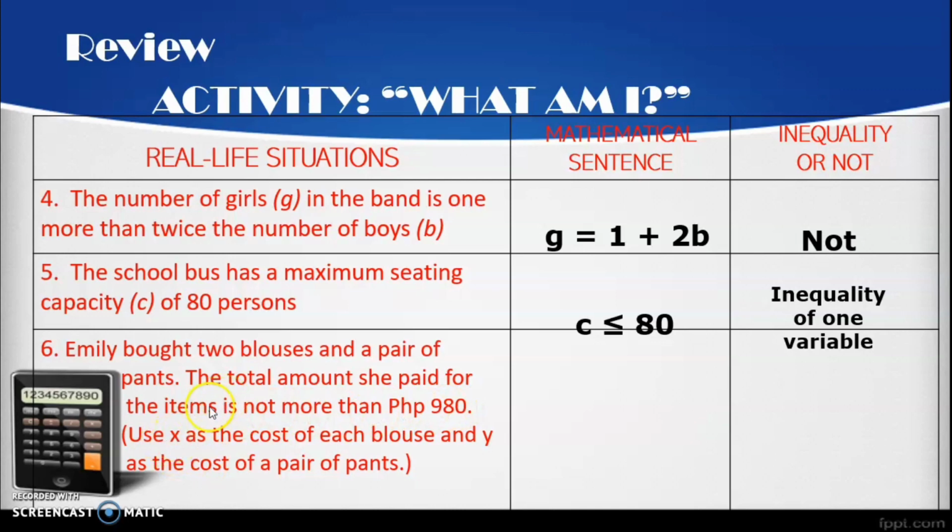So the blouse is X, so 2 blouses is 2X, plus the pair of pants, which is Y, is less than or equal to 980. This is an inequality in two variables since we have two variables, X and Y.